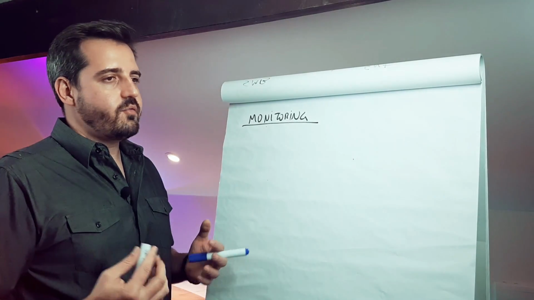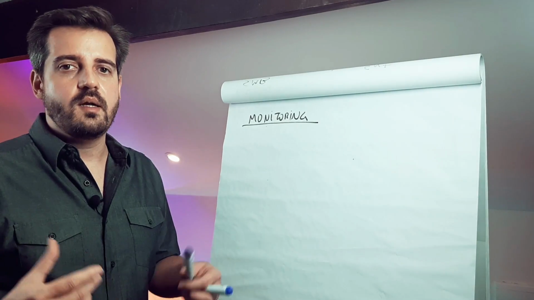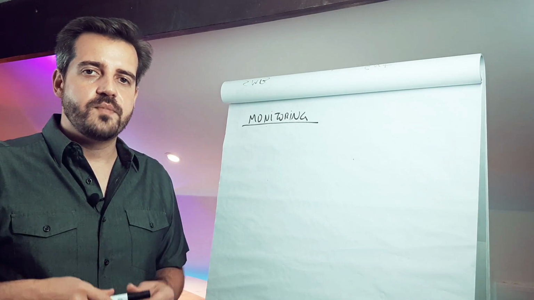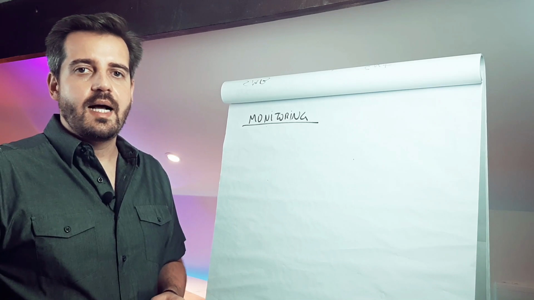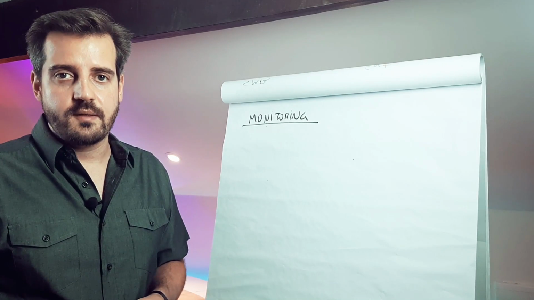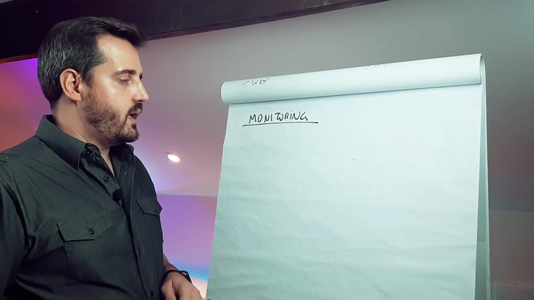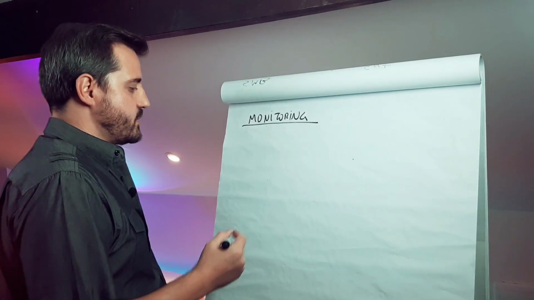But normally we will have an operation room or someone seeing the images, checking the live feed from these cameras and acting if needed. Okay, so this will be our monitoring part.